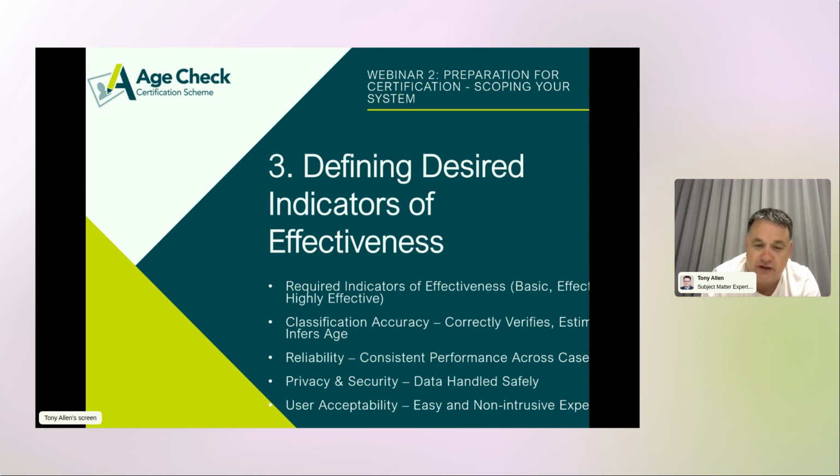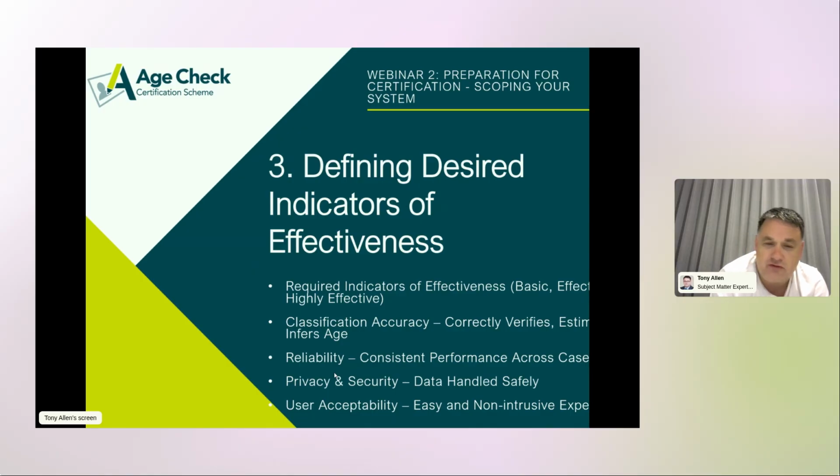You need to understand the desired levels of or indicators of effectiveness. This may well be related to your particular marketplace. It may well be related to a regulatory requirement, and it will be related to what your relying parties want to do.